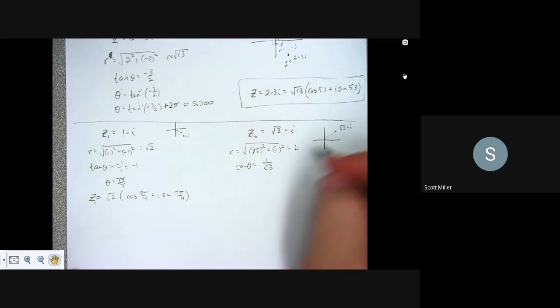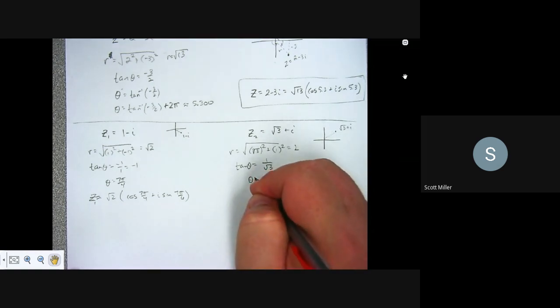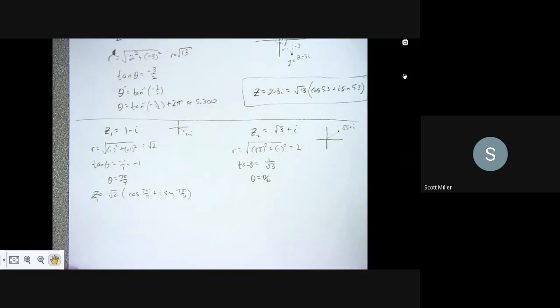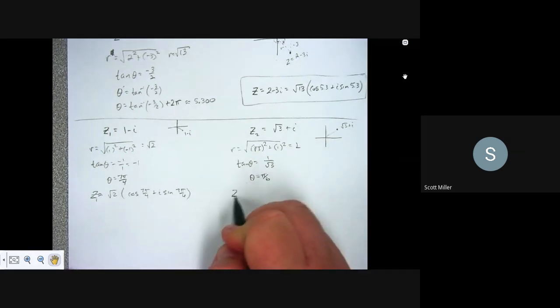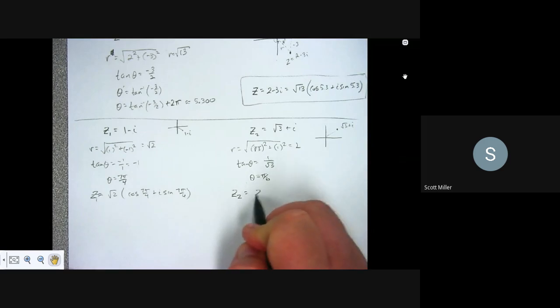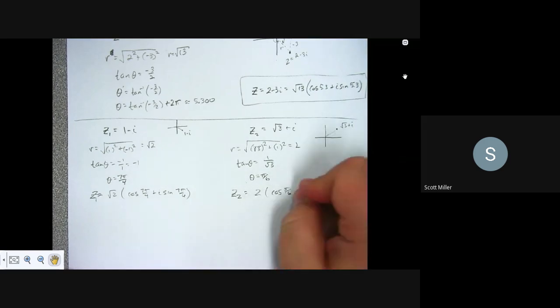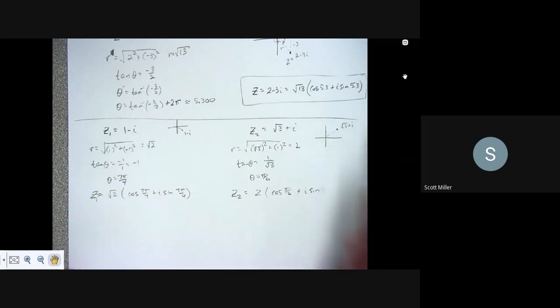And from that, in quadrant 1, we know that the angle is going to be pi over 6, because that's what the tangent is, 1 over square root of 3. And so Z2 is going to be 2 times the cosine of pi over 6, plus i times the sine of pi over 6.